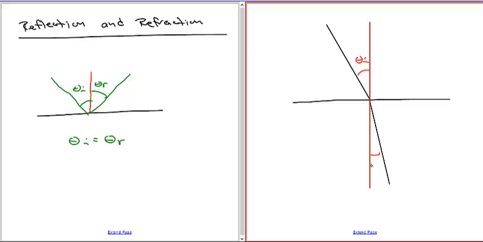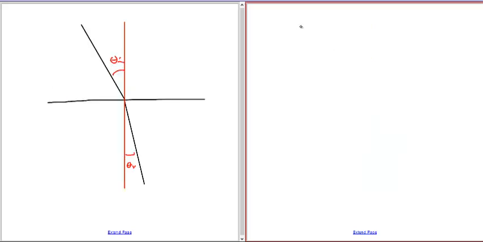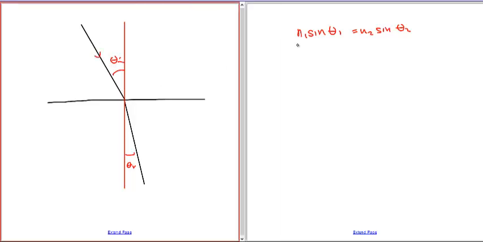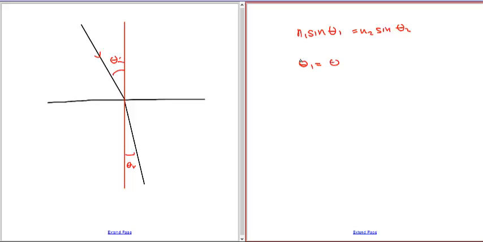In this case, this is the refracted angle. And there's this relationship called Snell's law, which says n1 sine of theta 1 equals n2 sine of theta 2. Now, in this situation, if we have the light coming in here, then theta 1 equals the incidence angle, and theta 2 equals the refracted angle.